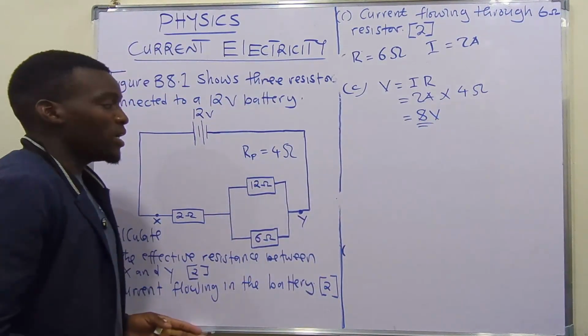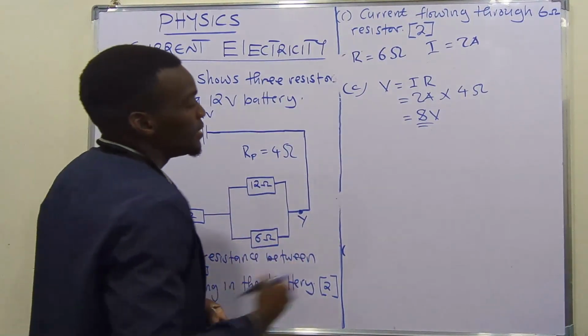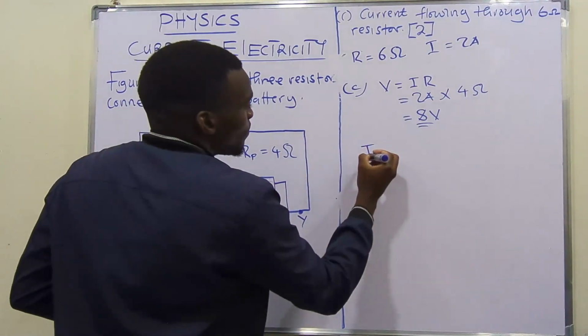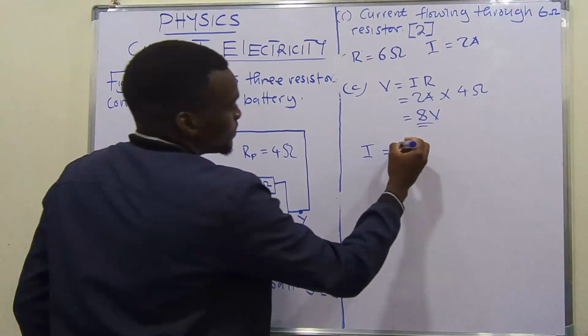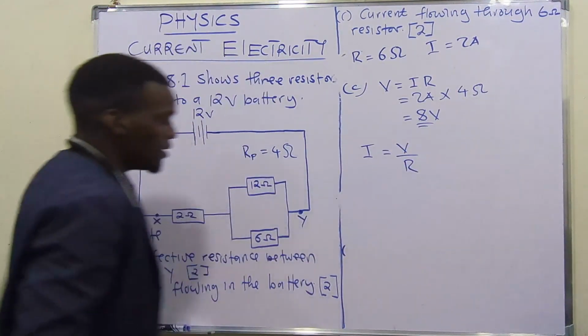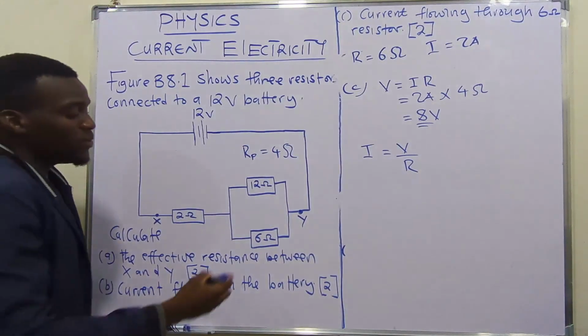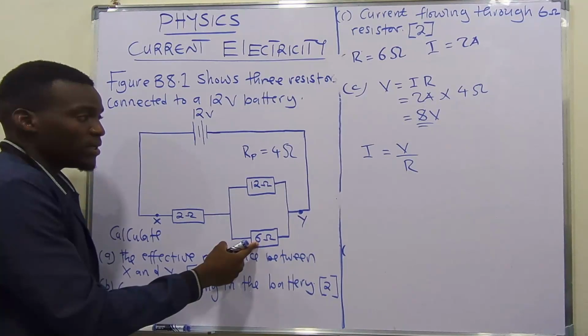So now we have the voltage for the resistors connected in parallel. Now we can find the current. So therefore the current will be given by the voltage over the resistance. And in this case, the resistance which we will be using is the 6 ohms here.